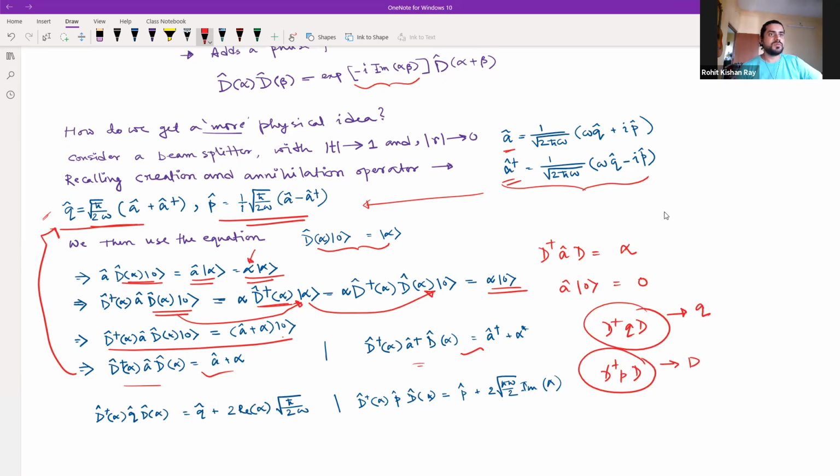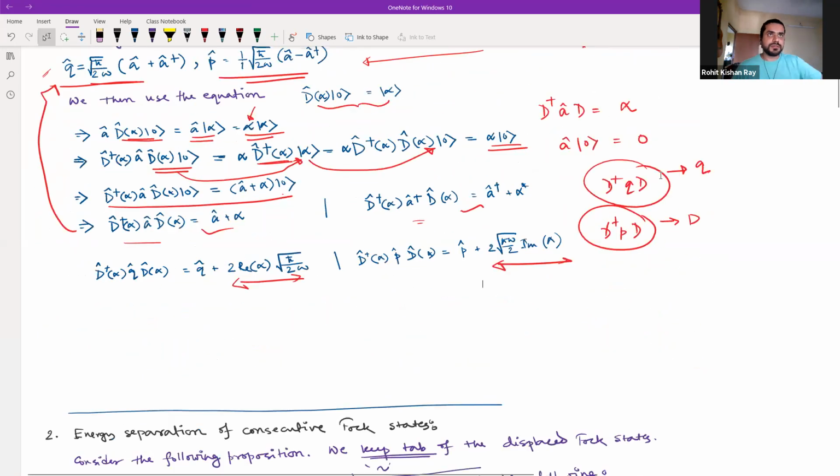Once you put those values here and do a little algebra, you can show that D, operating on Q, gives it a shift, and operating on P gives it a shift. These two shifts are the displacement that we were talking about.